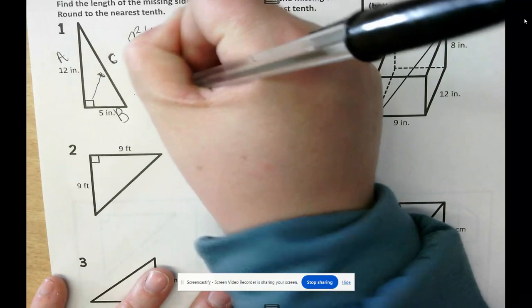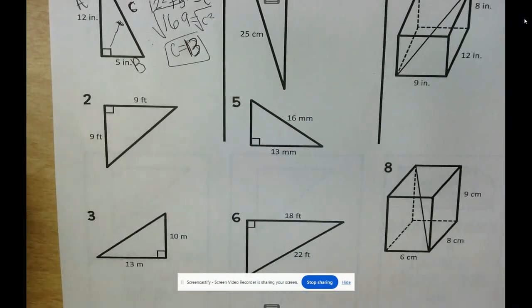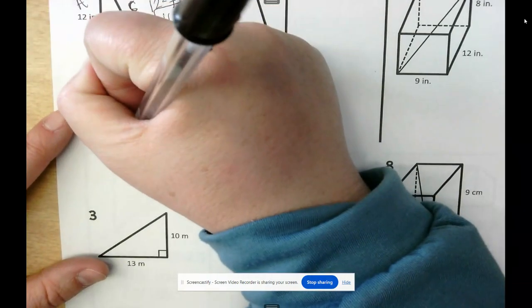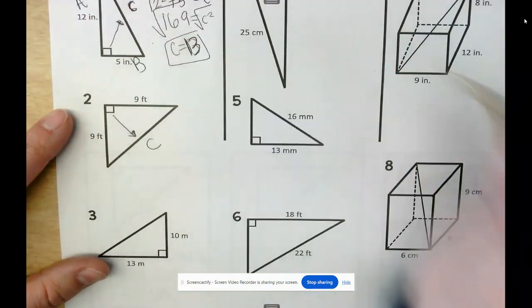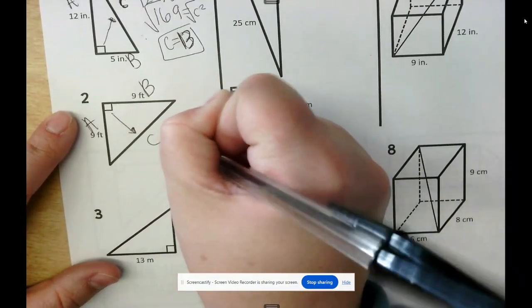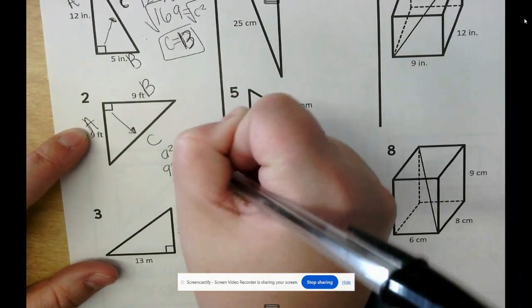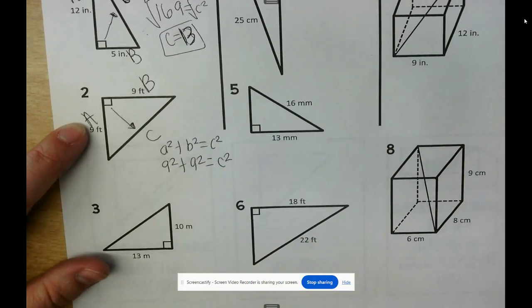All right, number two, we have 9 and 9. So again, we need to label what's A, what's B, and what's C. I always start with my hypotenuse, which is my C. So this time we're looking for C again. And then we have A and B. So we'll plug it all into our formula. We have 9 squared plus 9 squared equals C squared.